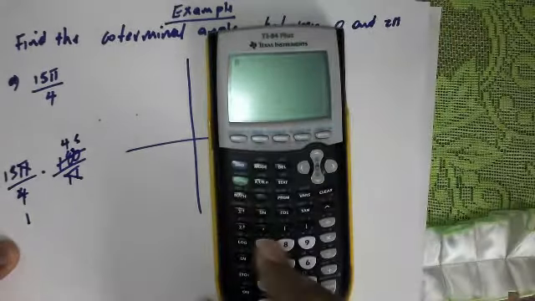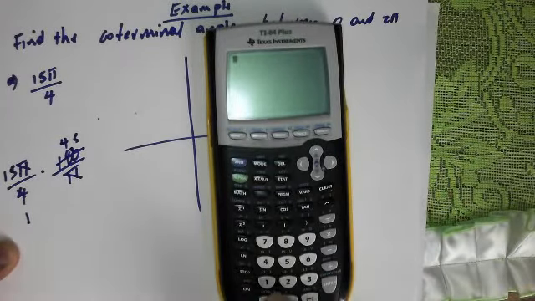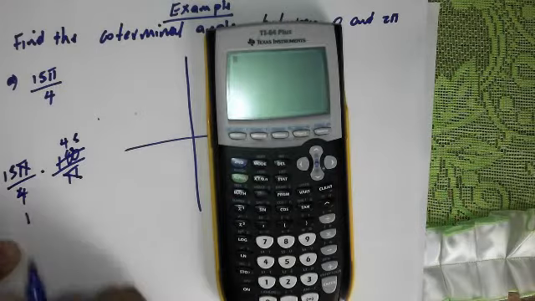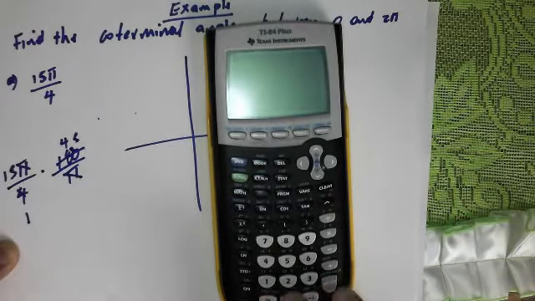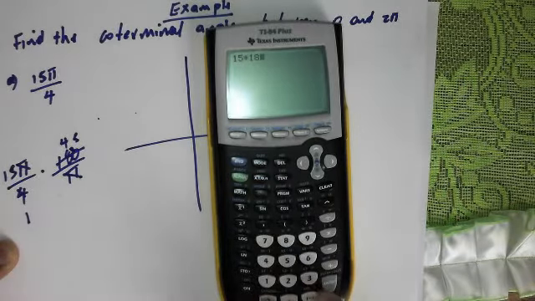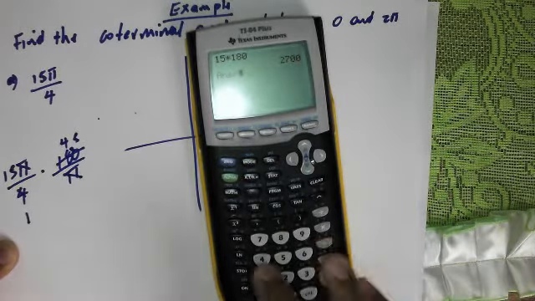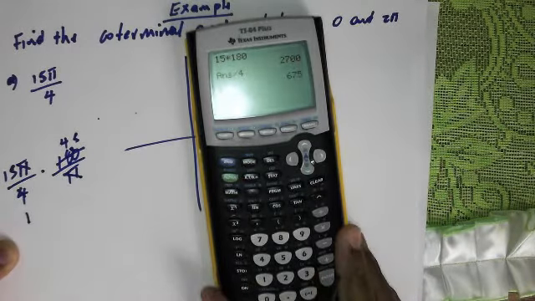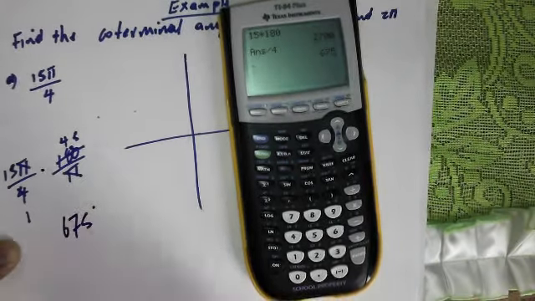So what I would have now is 15 times 45, or you could just say 15 times 180 and then divide that by 4. So 15 times 180 equals that, and then I divide it by 4, and that would give us 675. So that's 675 degrees, okay?